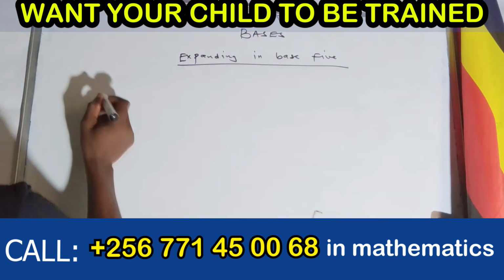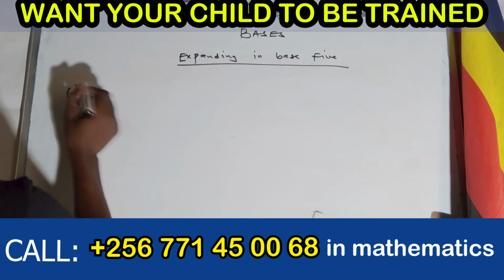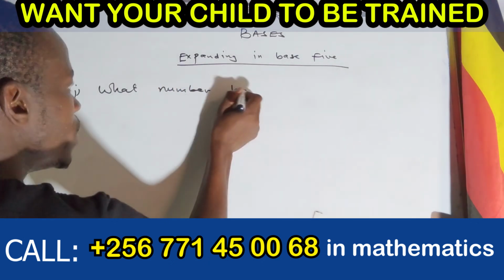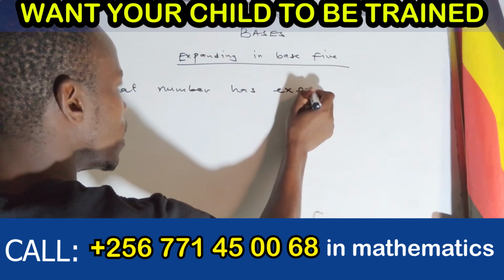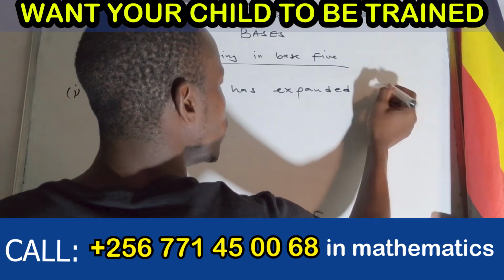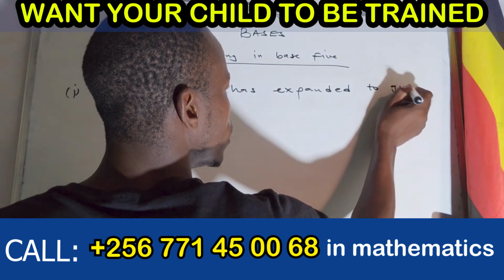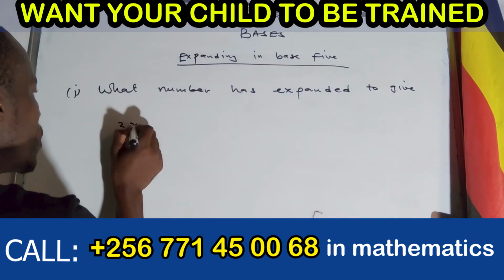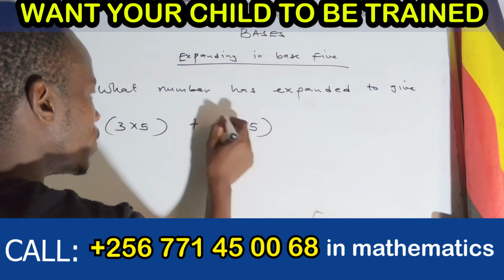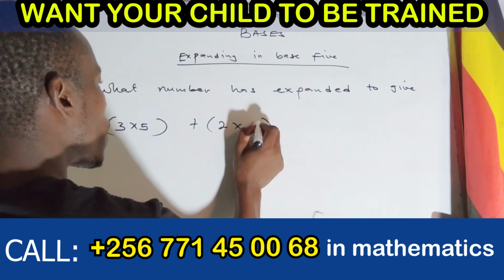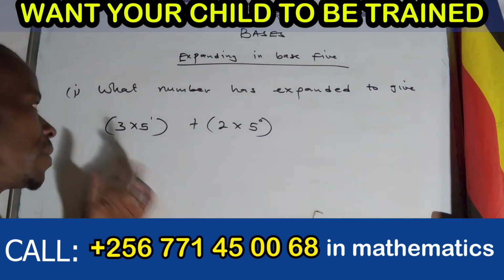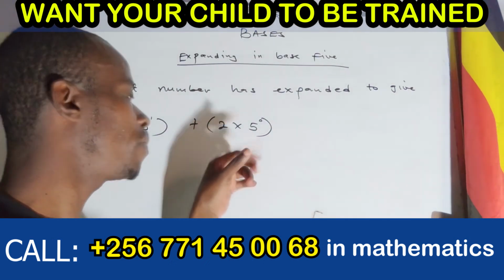Here is a simple question. If they're asking what number has been expanded to give 3 times 5 power 1 plus 2 times 5 power 0?